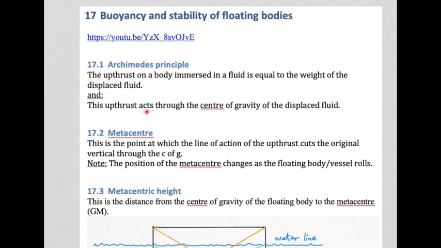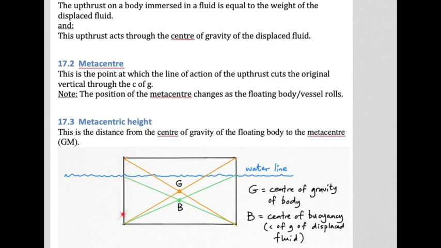This upthrust acts through the center of gravity of the displaced fluid. So if this here is our vessel, our ship floating in the ocean, there's the surface of the ocean. The fluid that had to get out of the way for the vessel to be where it is, in other words be displaced, would be this portion of fluid here. Obviously that cross-sectional area that I'm showing there multiplied by the length of the vessel would give you the volume that's been displaced. Now that volume of seawater would have had a center of gravity at its midpoint.